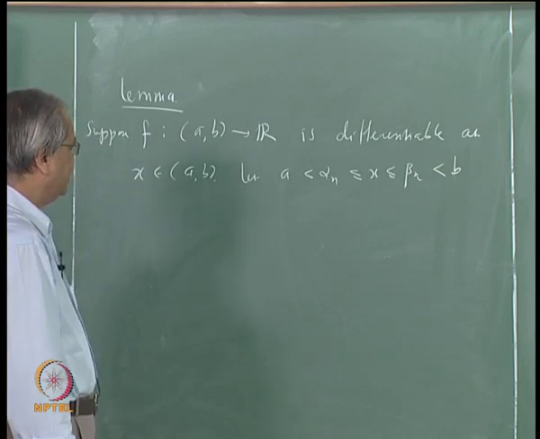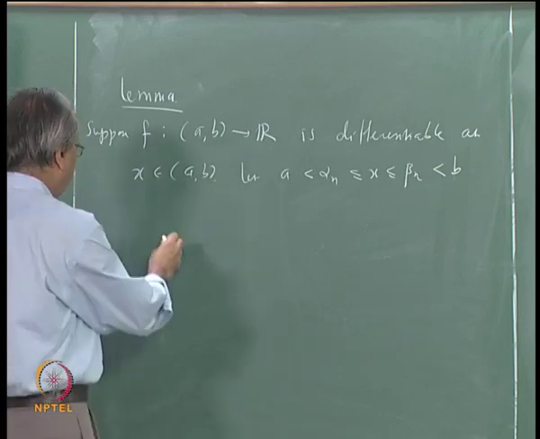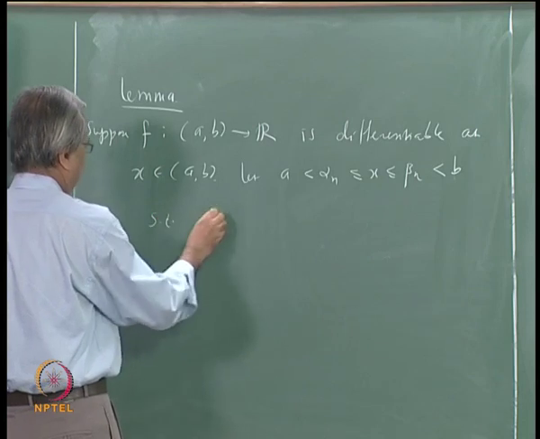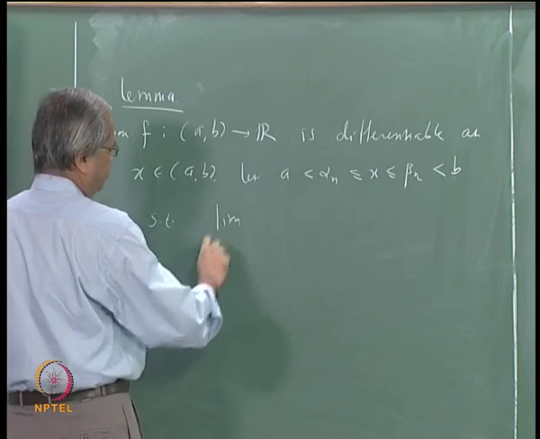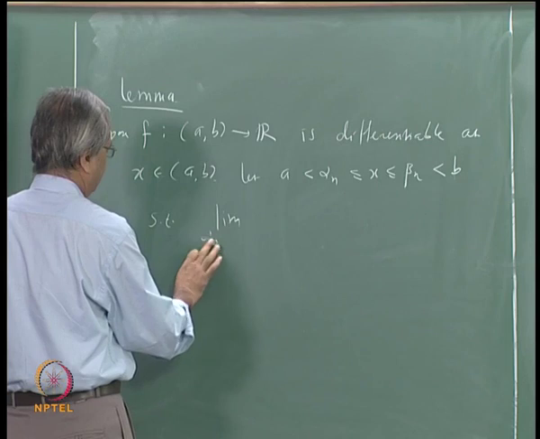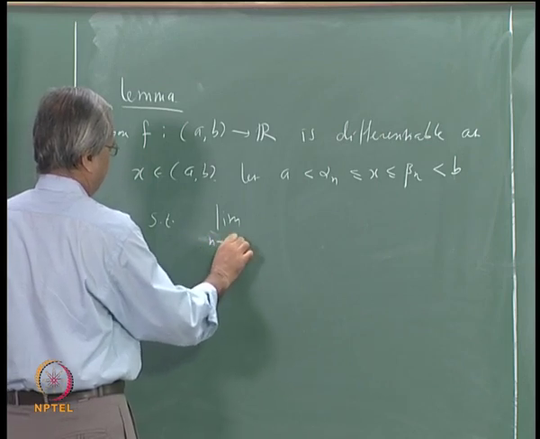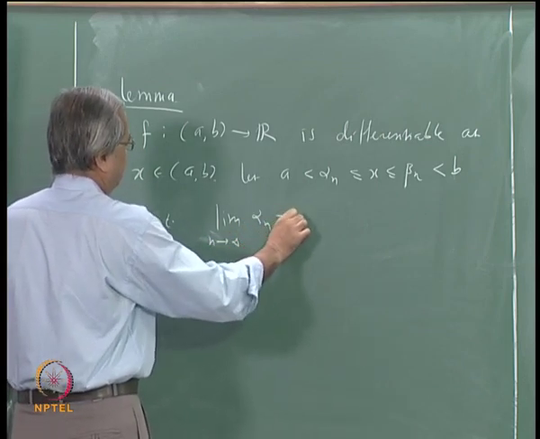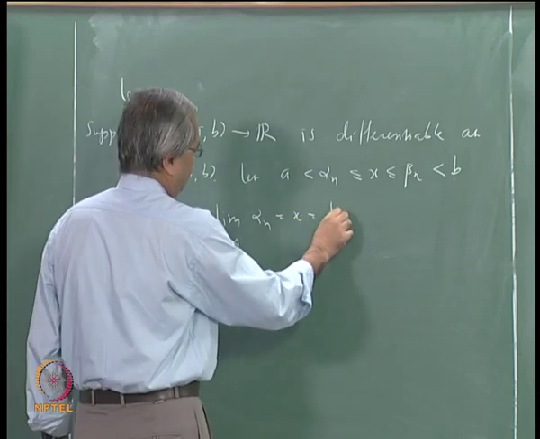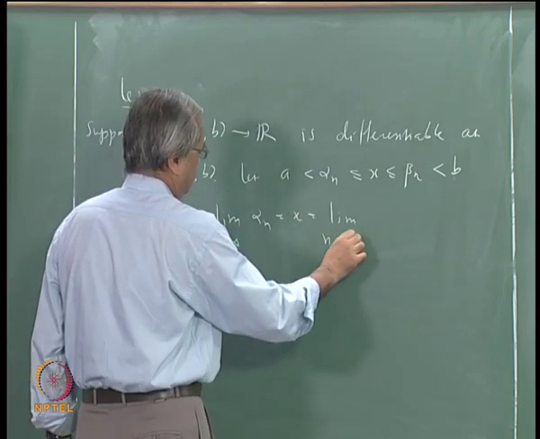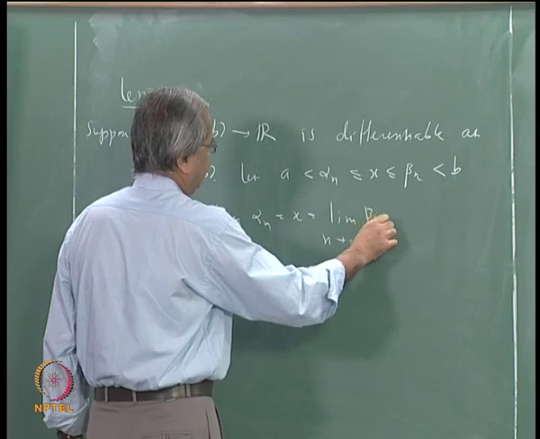That is, we are considering two sequences alpha_n and beta_n such that the limit as n tends to infinity of alpha_n is equal to x, and similarly the limit as n tends to infinity of beta_n is also x.